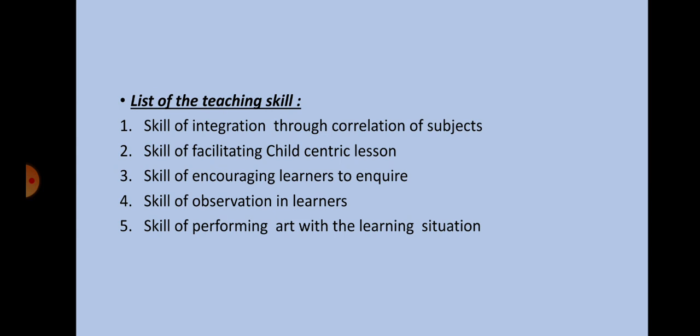Because there are lots of science experiments on soil. So soil is a word which is very much associated with the science subjects. So it is called integration, correlation of different subjects at the same time. This is the basic idea you have to put in the very little minds of your little learners. That is the first skill.